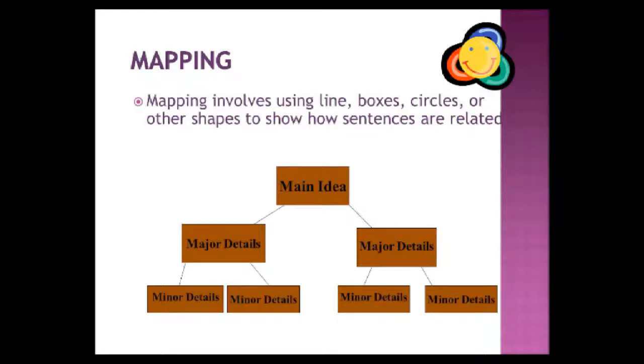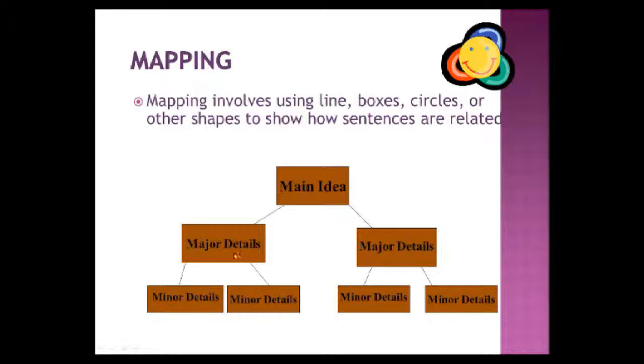And I usually give a test where you have to do the mapping and the outlining because it breaks everything down and shows you every sentence in that paragraph. So this would be your main idea sentence, your major detail sentences, and then these would be your minor details.